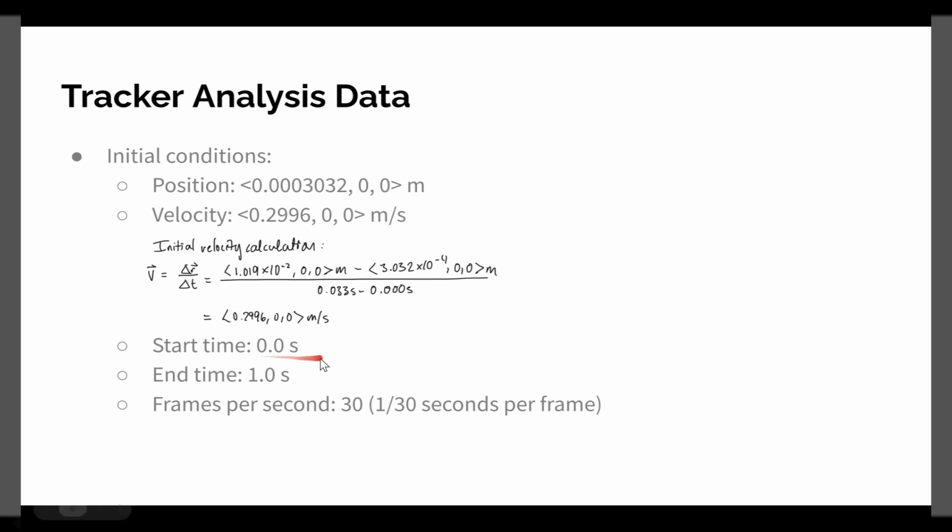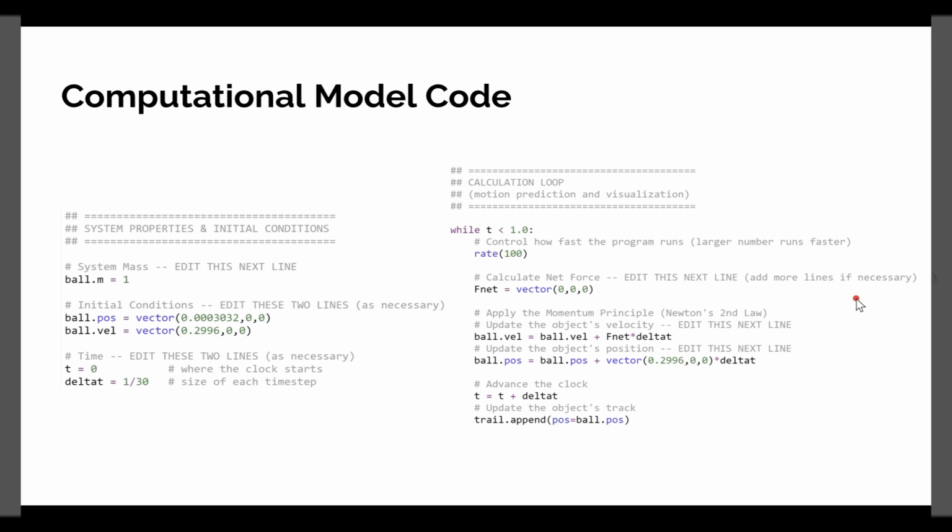Start time was 0 seconds and end time was 1 second, and the frame rate was 30 frames per second, meaning each frame lasted 1/30th of a second. And I inputted that data into my code here.